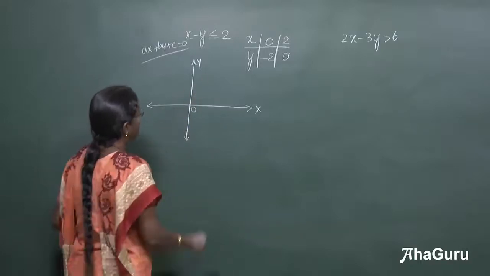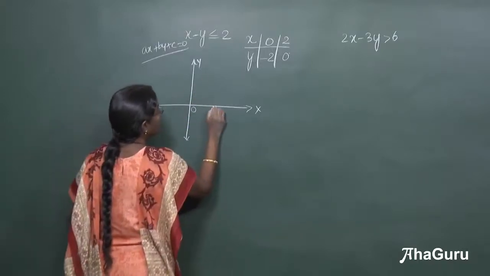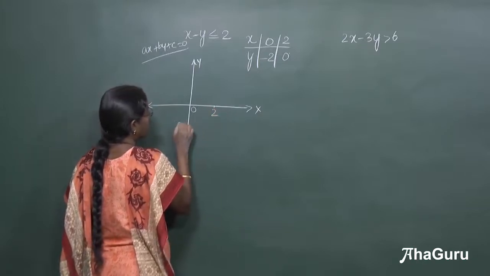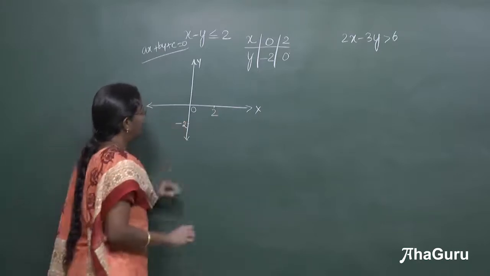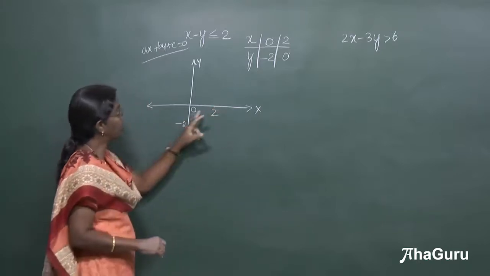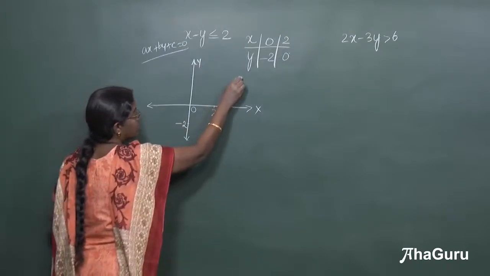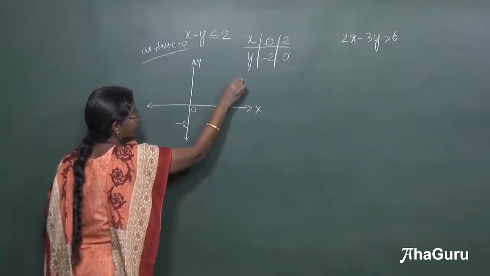What are the points here? x is equal to 2 and y is minus 2. The line passes through 2 comma 0 and 0 comma minus 2. Just join the 2 points here.